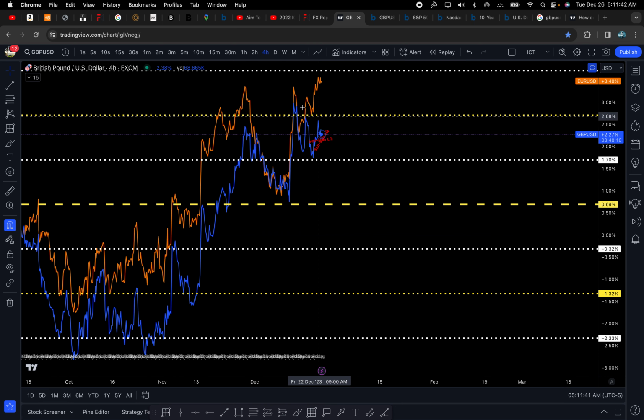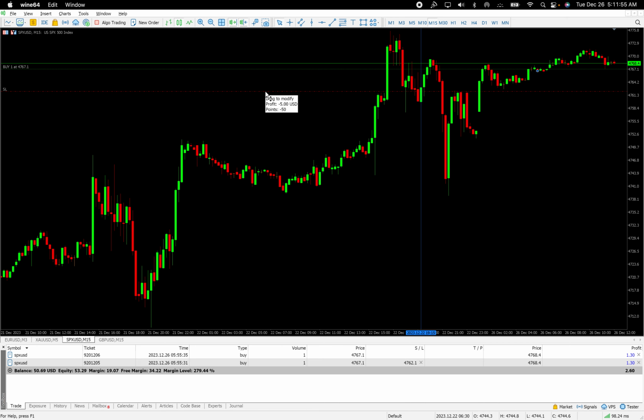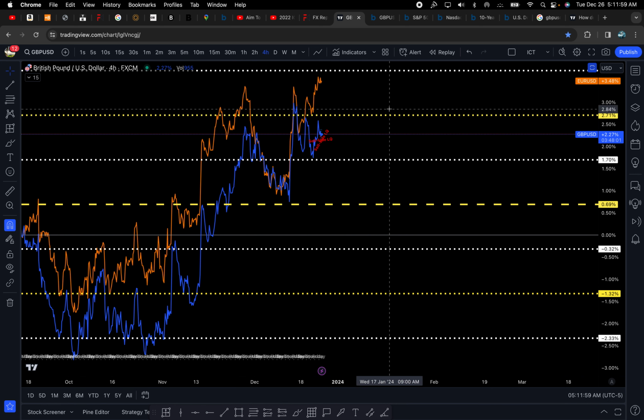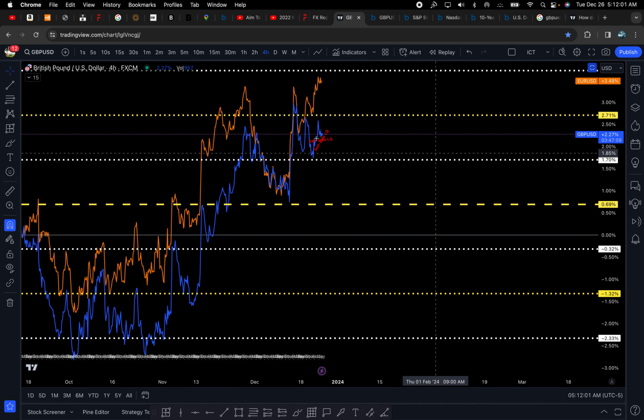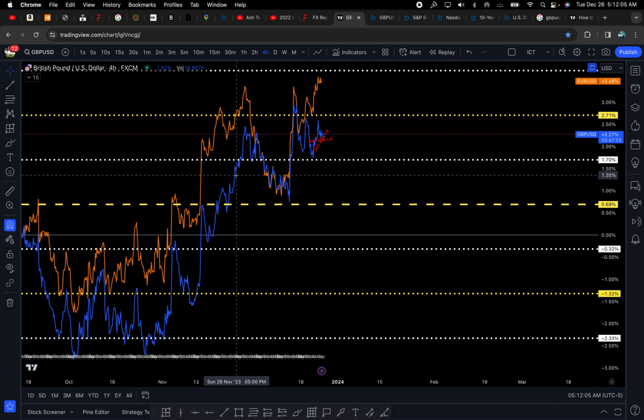You can see we're having a lower low, a lower high here, and a higher high here. That's divergence. That's divergence. So we could look for lower prices potentially on both of these.